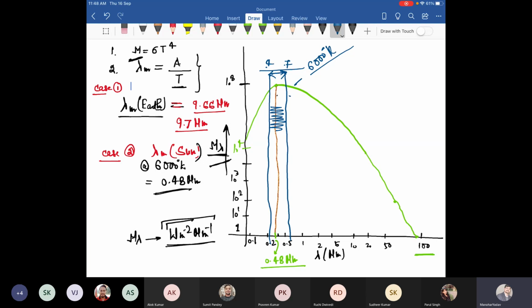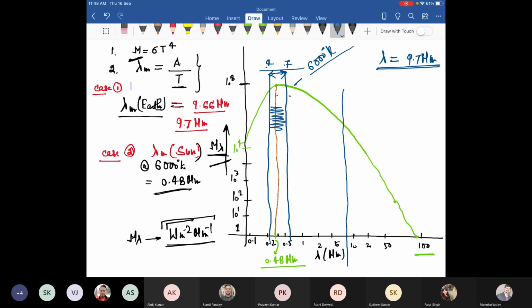That line, the equation of line, you write over here: lambda is equal to 9.7 micrometer. So this is the equation of line, and somewhere here we have 9.7, and you can draw it. Lambda is equal to 9.7, equation of line, is parallel to the M lambda axis.